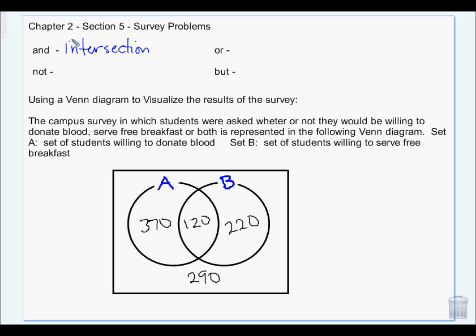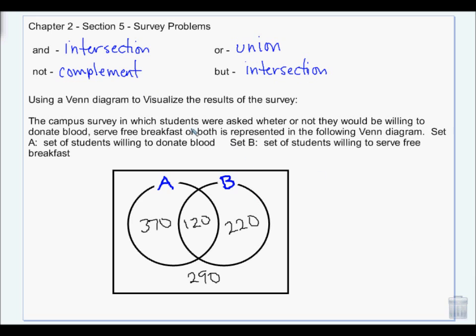So that's an intersection. "Or" is a union, and it can come from either, so that gives you the whole range to choose from. "Not" is the complement. And then "but" is also an intersection, even though it doesn't really sound like it. But it is.